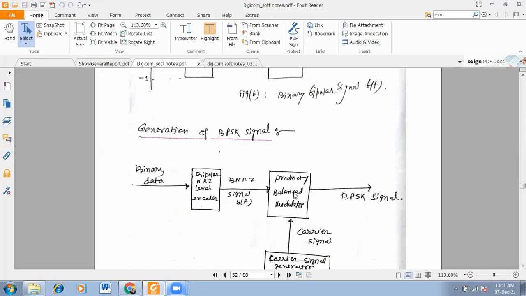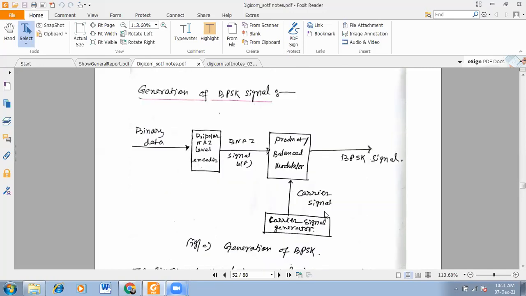Now you are having one product modulator or balanced modulator kind of circuit. Here the local carrier generator provides A cos 2 pi FCT, that is the carrier wave. When plus 1 volt is coming, the positive signal moves here, and when a negative signal is coming, then minus cos 2 pi FCT is coming there.